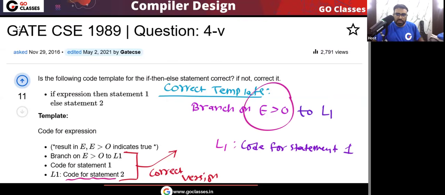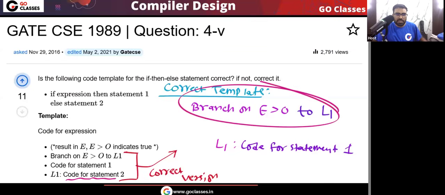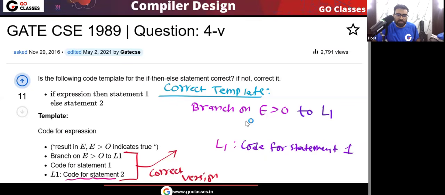Okay, so if E is greater than 0, then you jump to L1. And tell me, if E is not greater than 0, meaning E is false, then what do we need to do? Then we need to execute statement 2. Code for statement 2 you can put here.